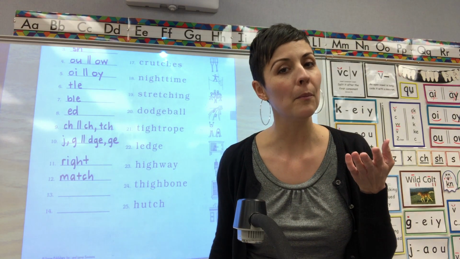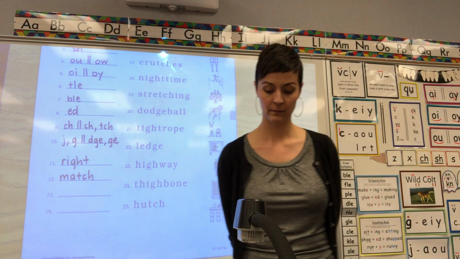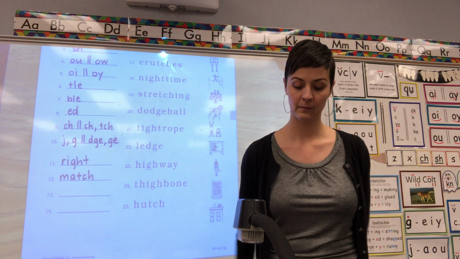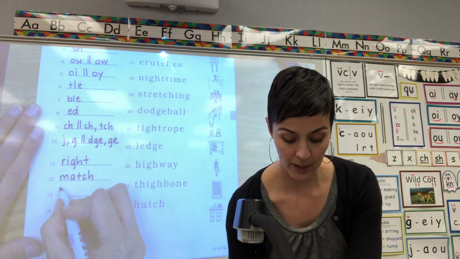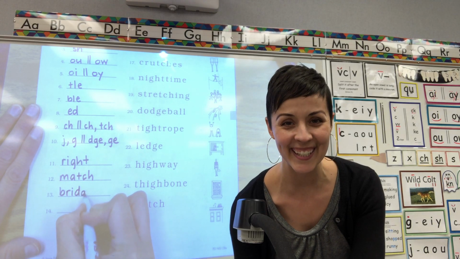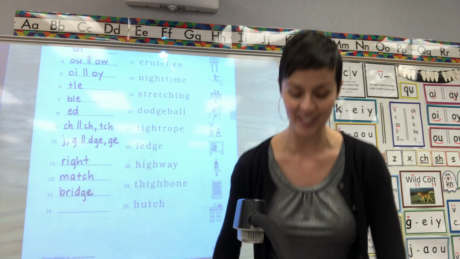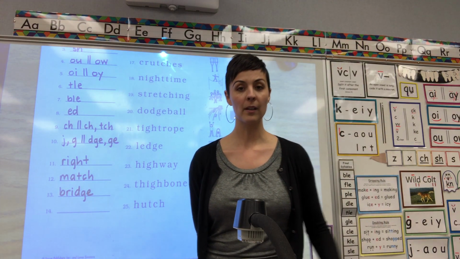What word? Bridge. Okay, will you spell bridge starting B? Ready? B-R-I-D-G-E. You got it, D-G-E after short vowel I.